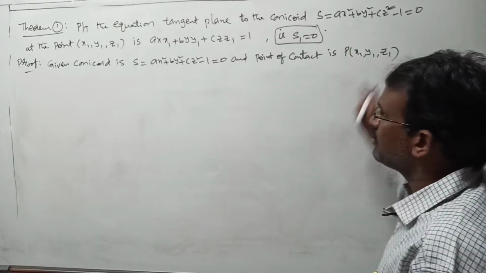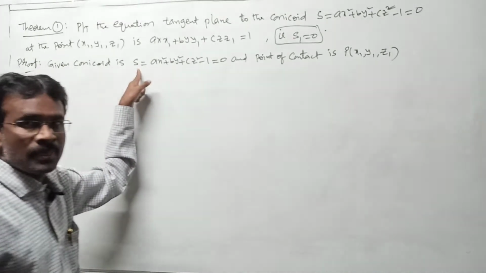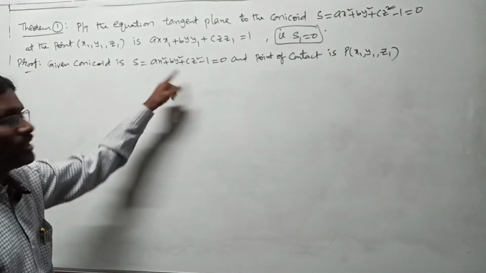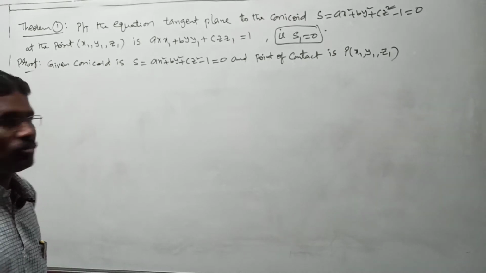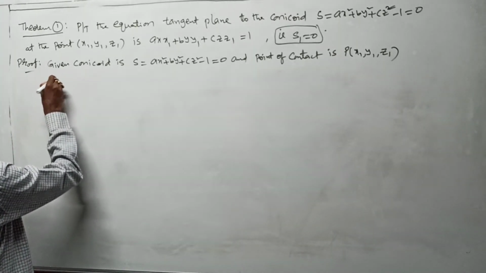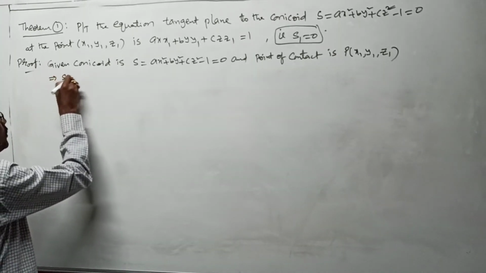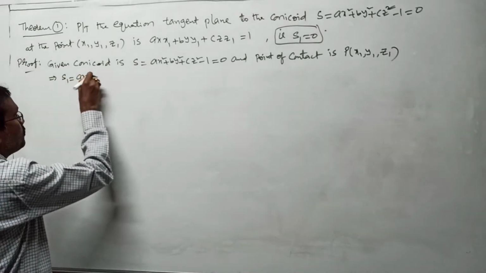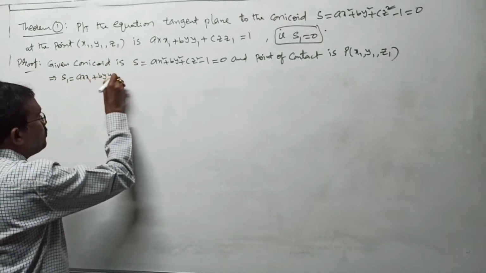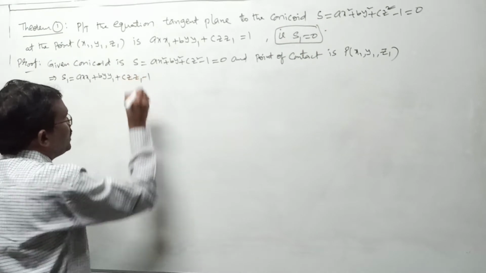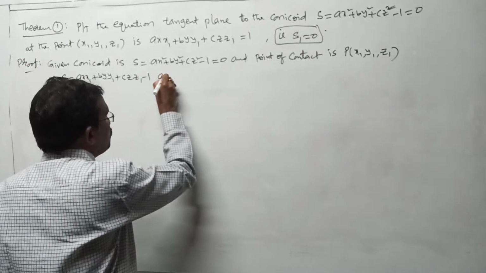Whenever P is x1 y1 z1 and S1 is this, can you proceed: what is S1 here and what is S11 here? Both I want to write. Under notations, S1 is ax x1 plus by y1 plus cz z1 minus 1. And what about S11?